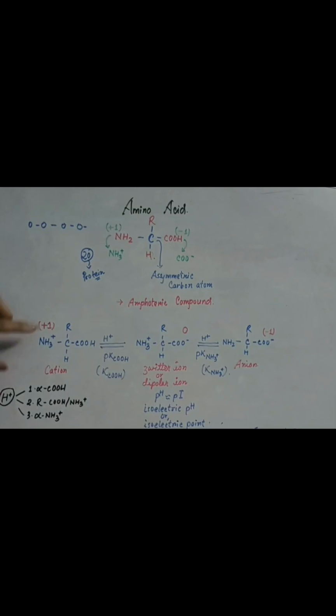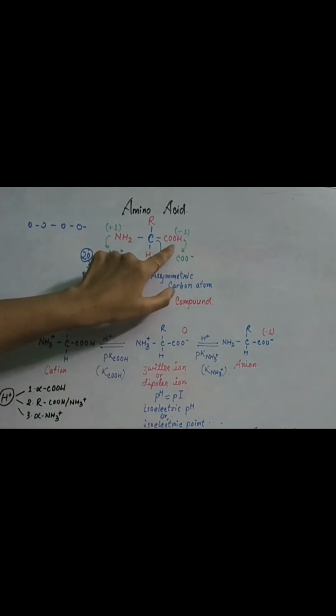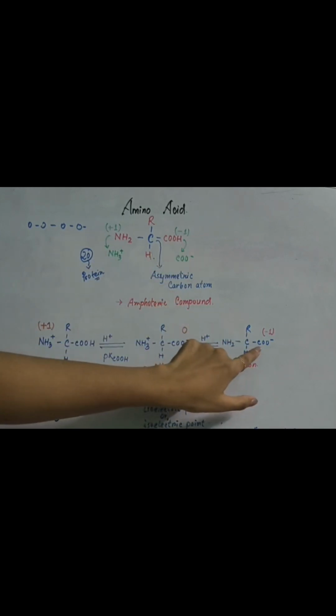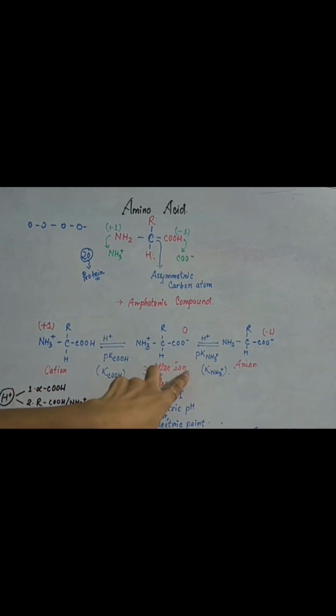Now, cation is formed when the basic NH2 group is converted into NH3 plus, carrying positive charge. Anion is formed when the COOH, that is the carboxyl group, becomes COO minus. Zwitterion is formed when the compound has both basic and acidic, that is positive and negative, charge.